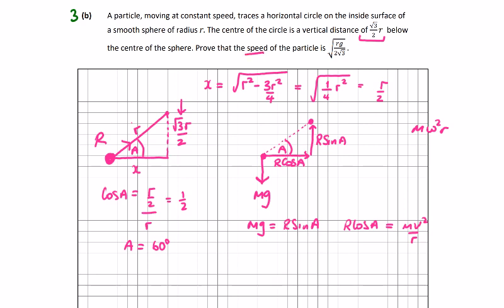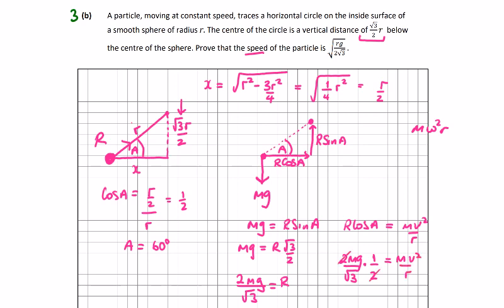So let's get R, and we can do that with the first one here. So mg is equal to R by root 3 over 2. 2mg over root 3 is equal to R. So on this side, 2mg over root 3 by the cos of A, which is cos of 60, is a half, is equal to mv squared over r.